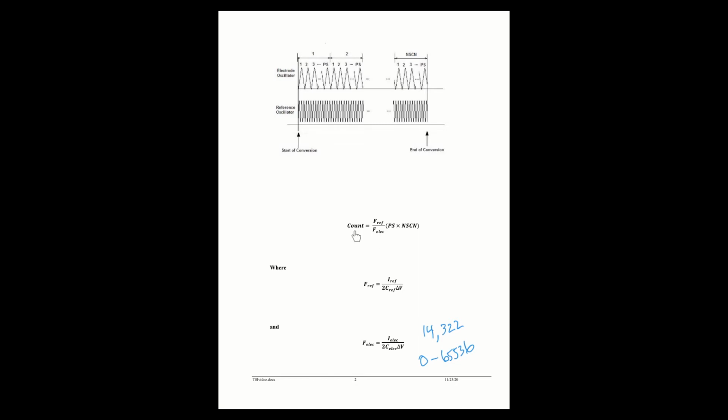So we're going to start at 14,000, and as we touch, it's going to go up to a higher count. The reason that we don't start at 0 is because there's a lot of variation based on the environment and the layout of the board and all of that, and we certainly don't want this to be stuck down at 0, all right? So this gives us a little room between 0 and the baseline.